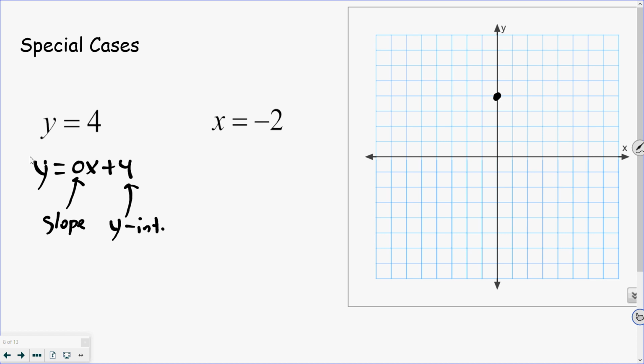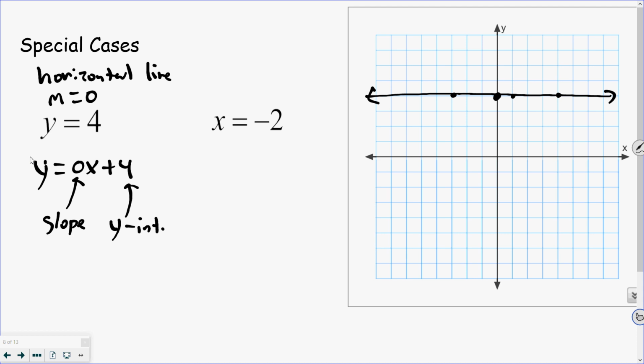That means it goes up 0 and over as many as you want. So you could go up 0 over 1, or up 0 over 4, or up 0 and left 3. It doesn't matter, but the slope has to be 0. So really important, write this down. If you have y equals a number, that means it's a horizontal line, and it has a slope of 0.